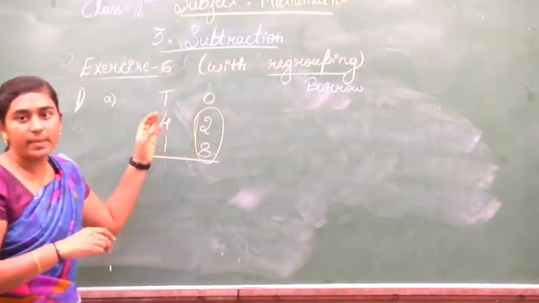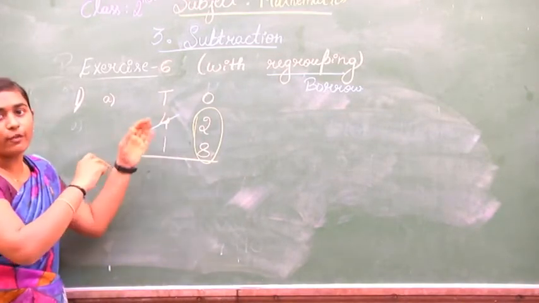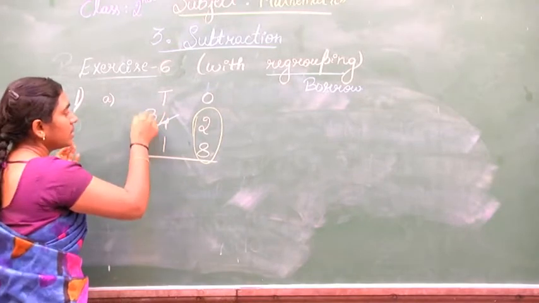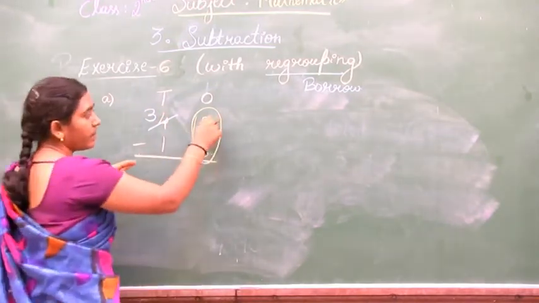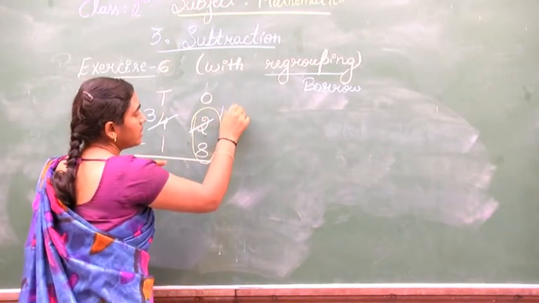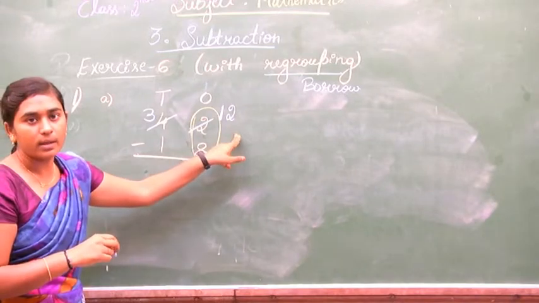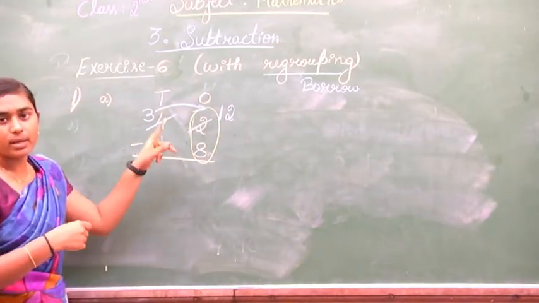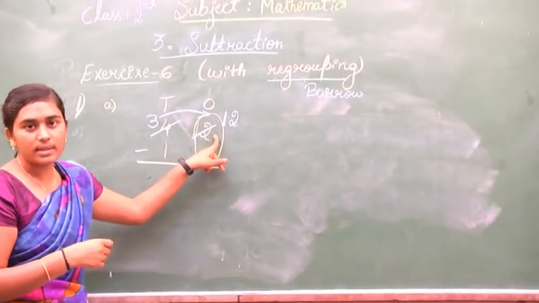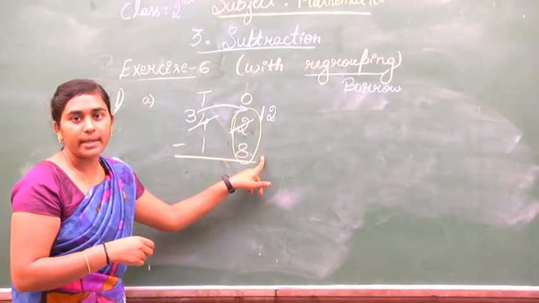Borrowing from the tens place. So 4 becomes, 4 previous number is 3, and 2 will be regrouped as 12. We have taken 1 ten from the tens place to the ones place. Now we can subtract 12 minus 8.